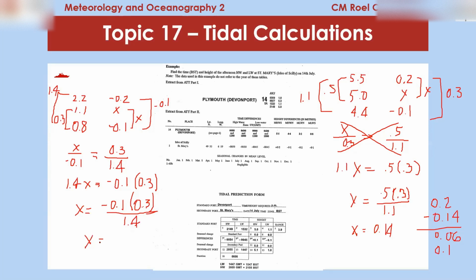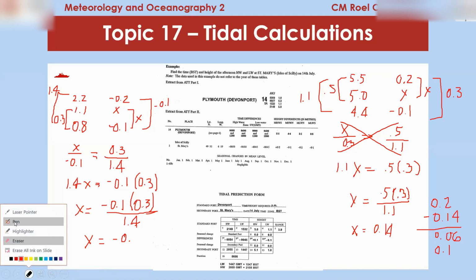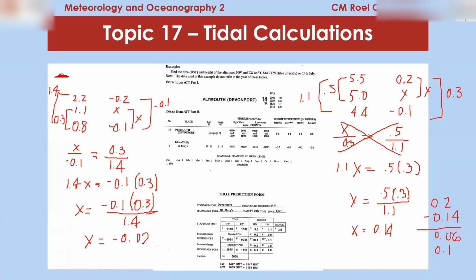X equals negative 0.021. Sige, 0.021, no? So dito natin i-apply sa baba, no? 0.1 negative 0.1.